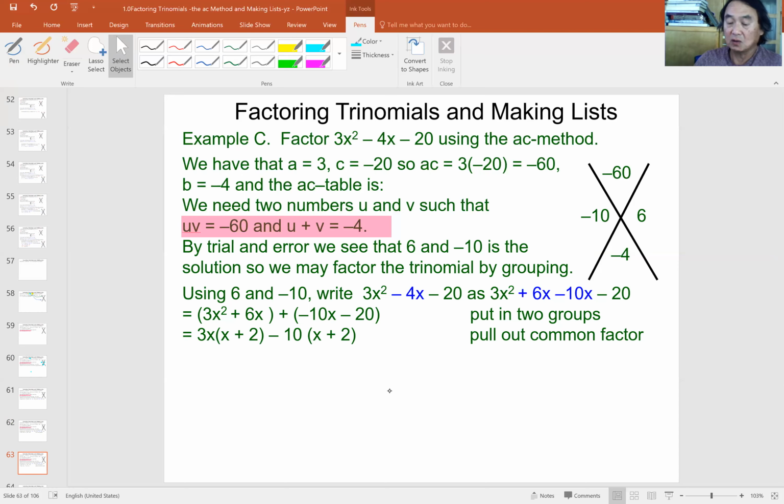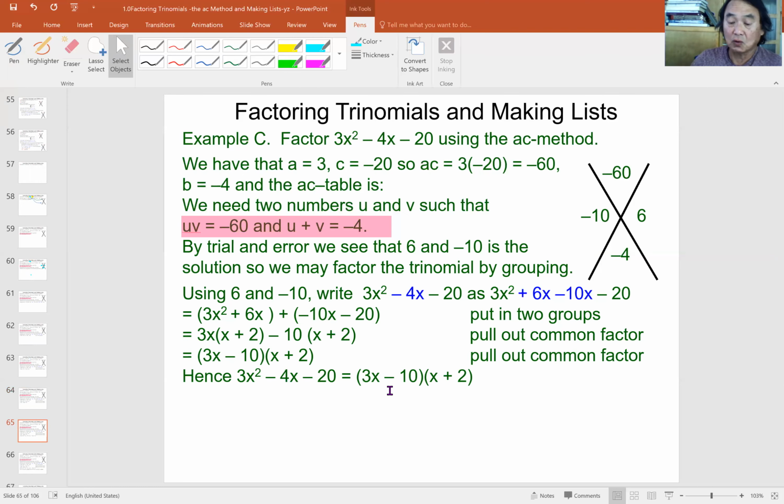It will guarantee you have the same parentheses, x plus 2 here, which you can pull out one more time. So this method is a sure method that will tell you if you get this pair, then you can get your answer by the grouping method. If you go to the table and it's impossible, then the trinomial you're looking at is prime. In other words, there's no point in trying to factor it.